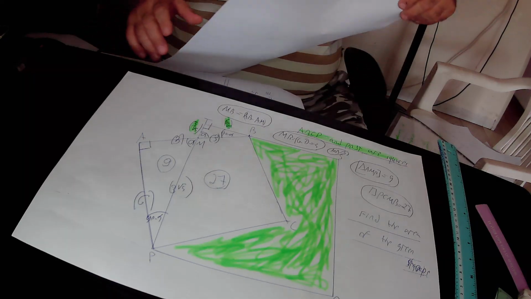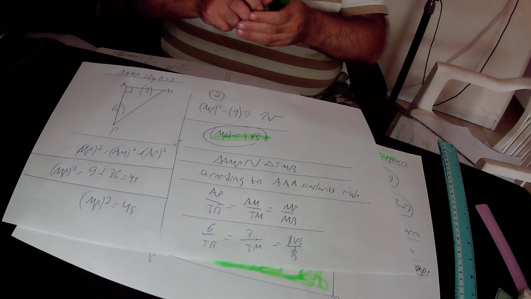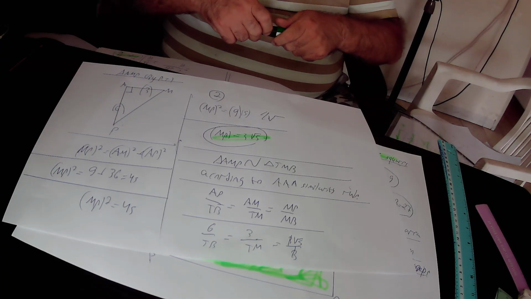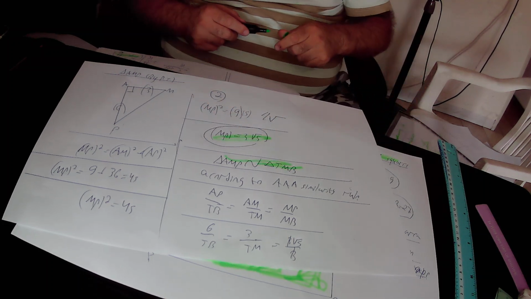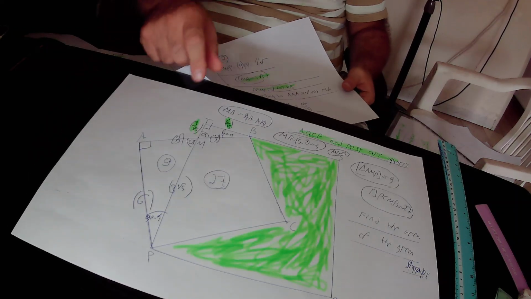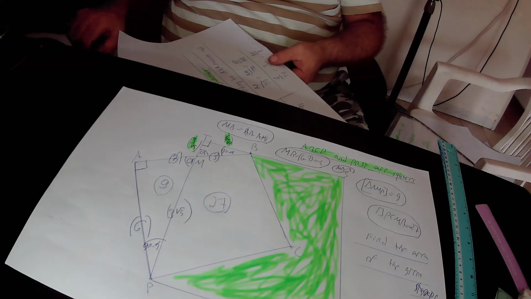So the right triangle AMP is similar to the right triangle TMB according to the angle similarity rule. From the fact that those two right triangles are similar, we derive that the following relationship exists between their sides.